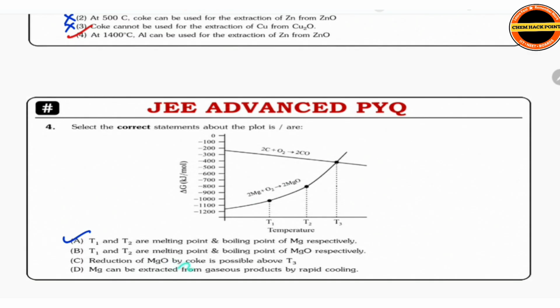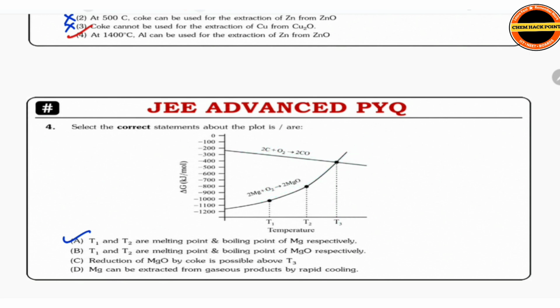Next, reduction of MgO by coke is possible above T3. Yes, above T3, after crossing temperature T3, the coke graph is below MgO.